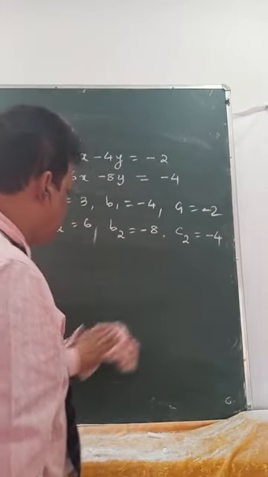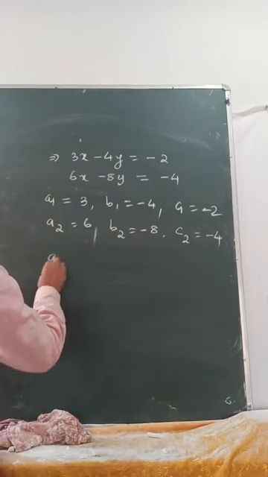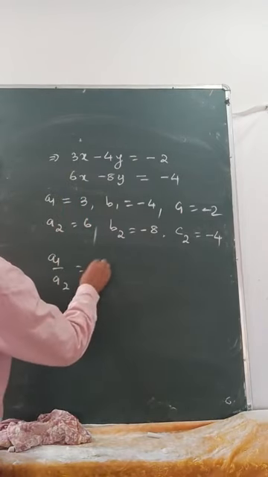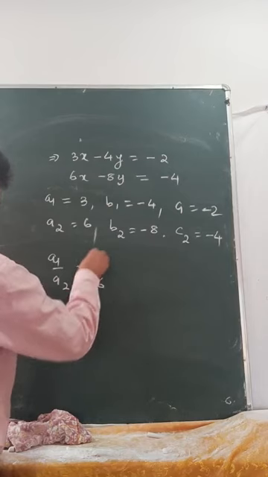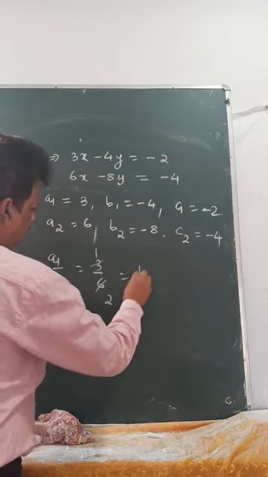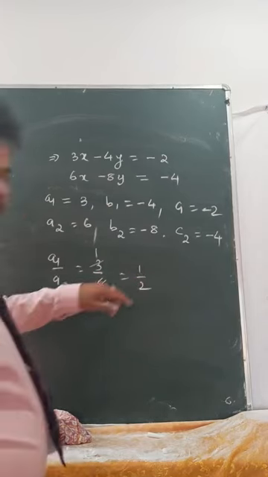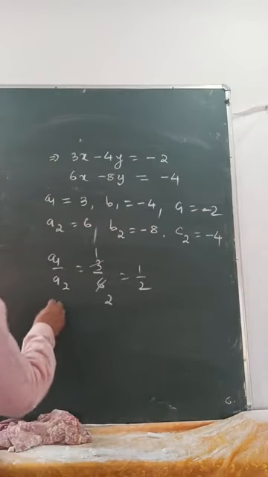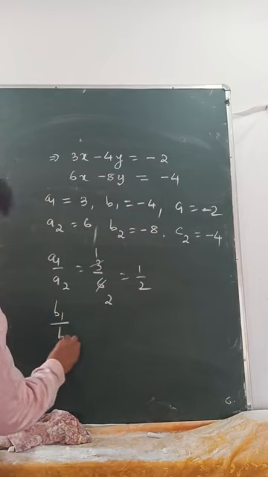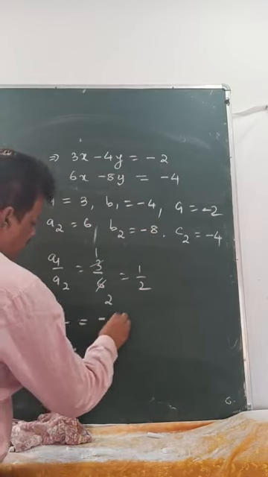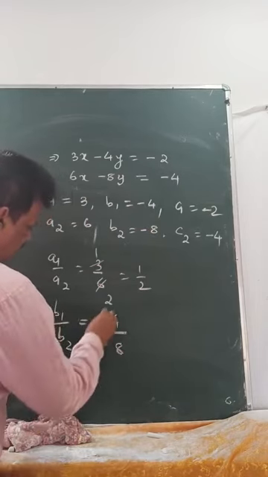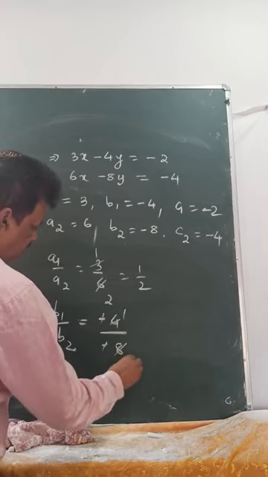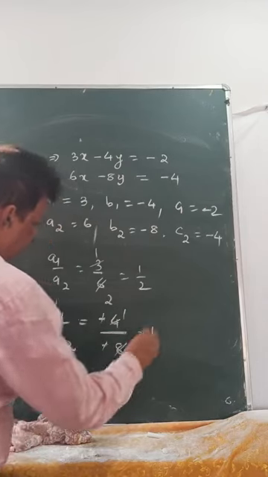Okay, let's find what is a1 by a2. 3 upon 6, that is 1 upon 2. What is b1 by b2? Minus 4 by minus 8. Minus cancels, again 4 ones are 4, 4 twos are 8. This is again 1 upon 2.